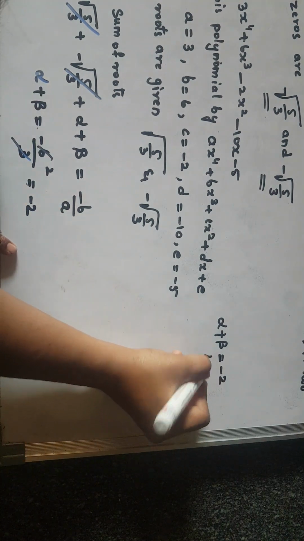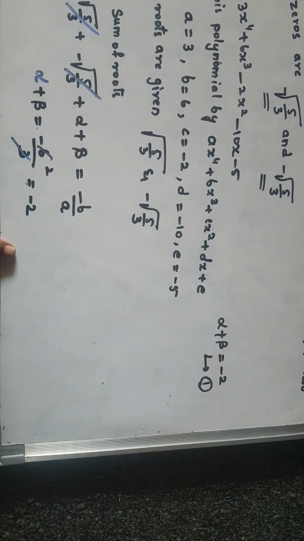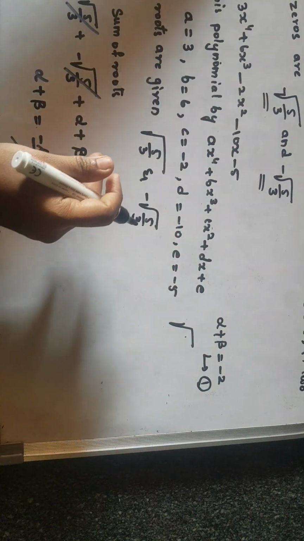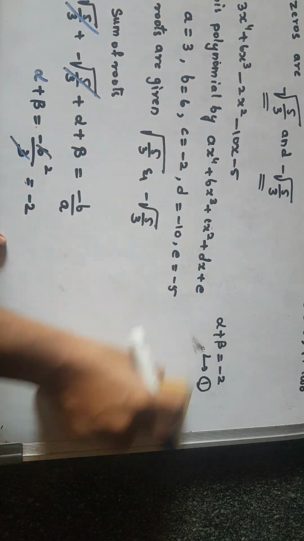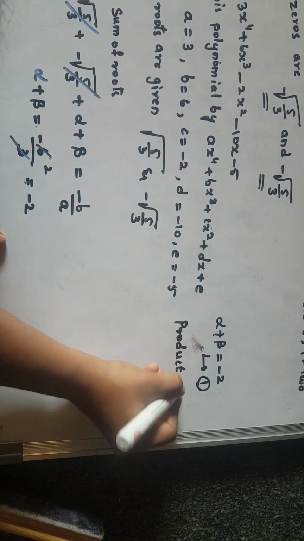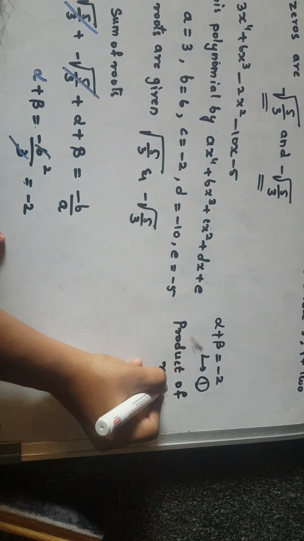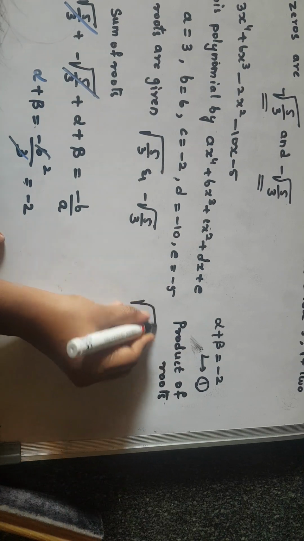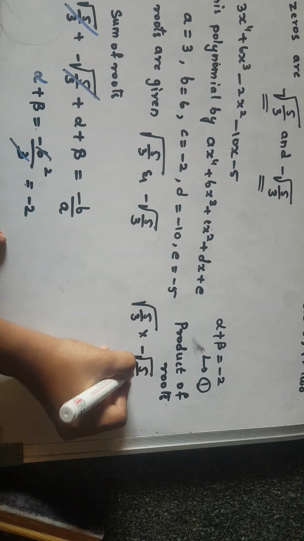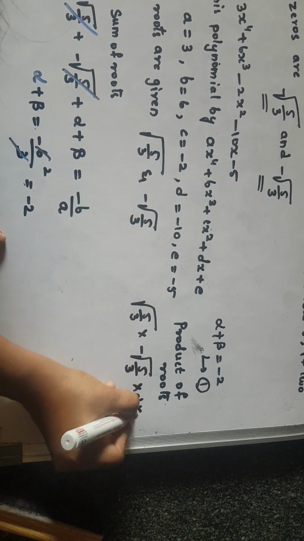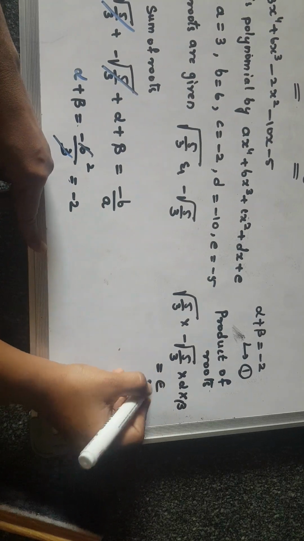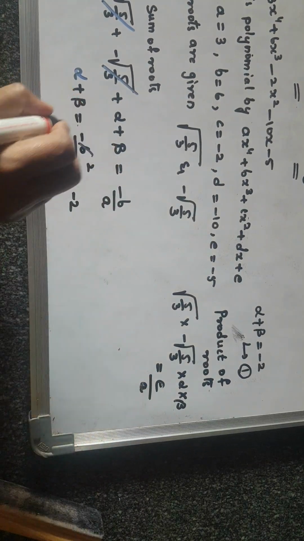This is equation 1. Now again, product of roots. What are the product of roots? Root 5 by 3 into minus root 5 by 3 into alpha into beta equals to e by a, the constant term by coefficient of x square.